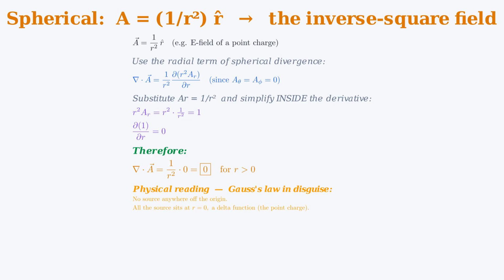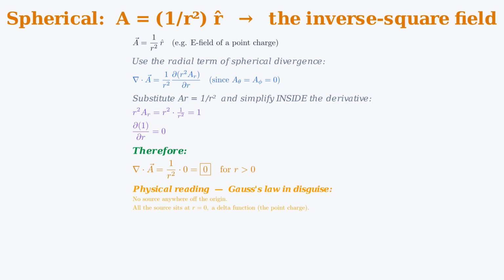Stop and feel that. Everywhere in space, except at the origin, this radial inverse square field has 0 divergence. If you draw a tiny box anywhere off the origin, the same number of field lines enter as leave. There are no sources out there. All the source is concentrated at the origin, where the formula breaks down.